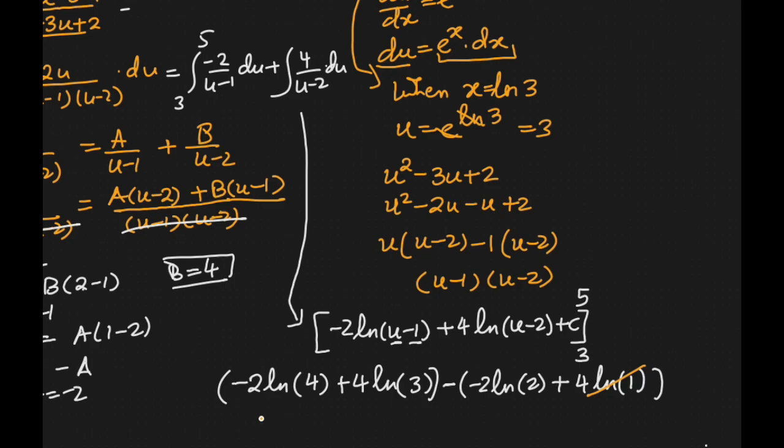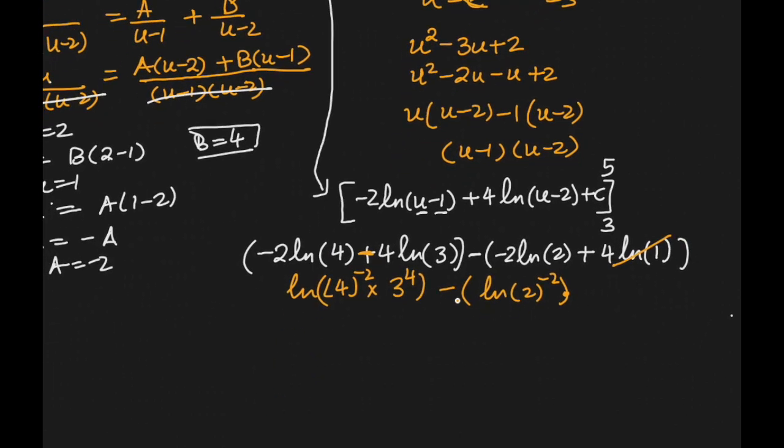This will be natural log of 4 to the power minus 2 multiplied by, because they are adding, 3 to the power 4. And because it's subtracting here, natural log 2 to the power minus 2 multiplied by, oh, rather it is gone, that's it.